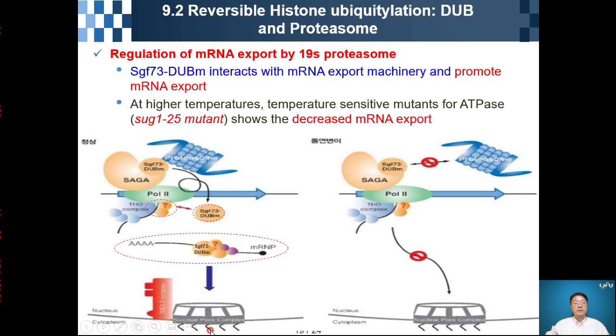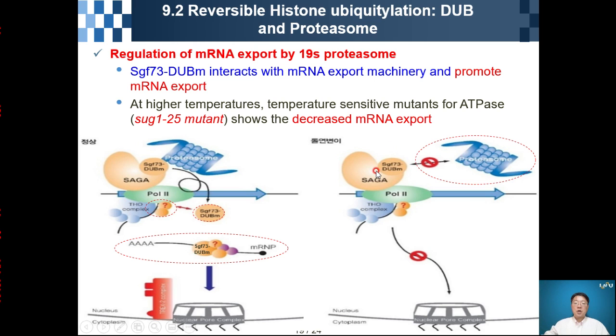However, at higher temperature, the temperature sensitive mutant for ATPase, especially the SOC125 mutant, shows decreased mRNA export. So in the normal form, the 19S proteasome may bind to SAGA. But in the mutant form, the 19S proteasome cannot bind to SAGA.